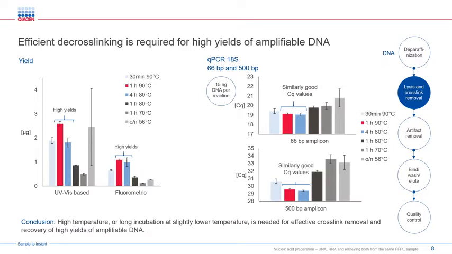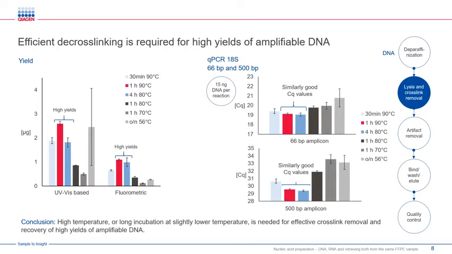In this experiment, there are different crosslink removal times and conditions. You can see starting from 30 minutes at 90 degrees, up to 90 degrees for 30 minutes or 1 hour, and then compared to 70 or 80 degrees for 1 hour or for 4 hours, and also compared to just a prolonged proteinase K treatment overnight at 55 or 56 degrees centigrade.